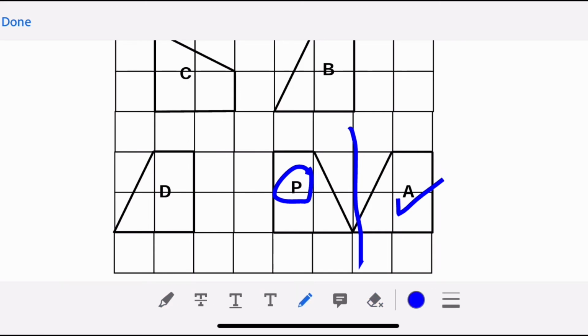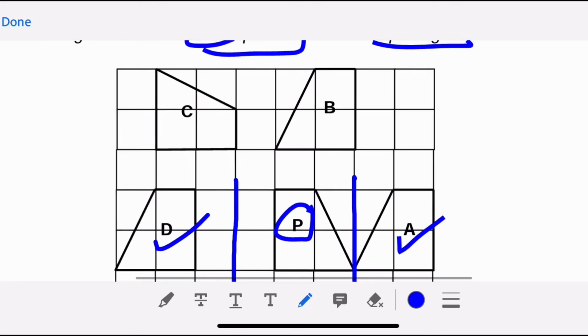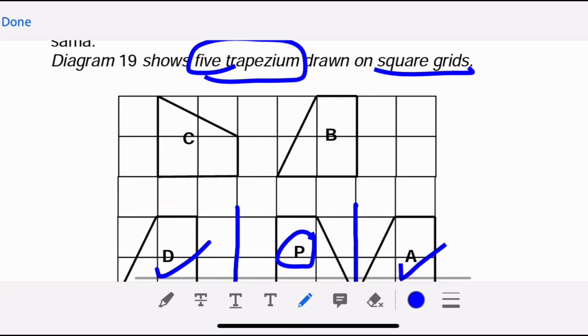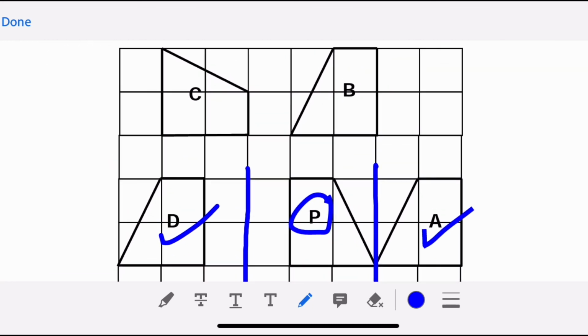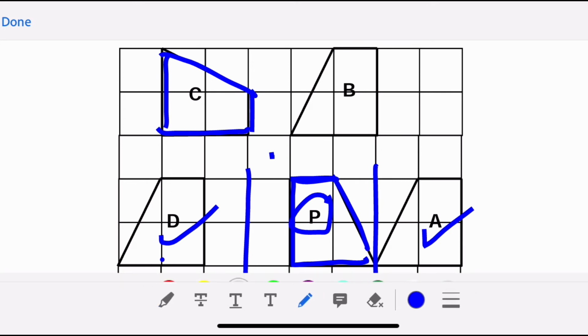So A's line of reflection is here. For this one, we can reflect here. And then for this one we will reflect this P at the midpoint here. Let me draw it out. This is the midpoint between them, and this will be the midpoint between them. So we can draw a line like this.